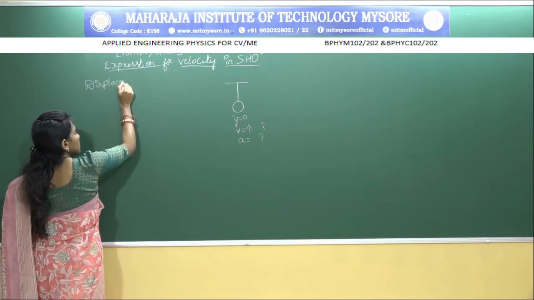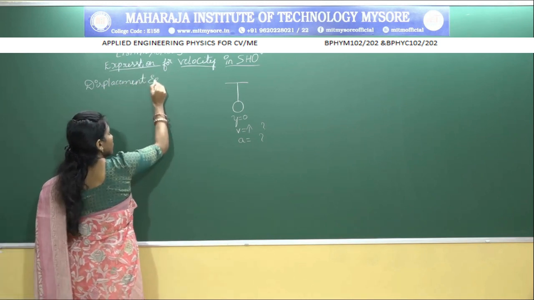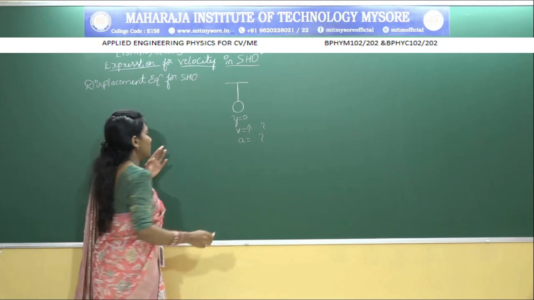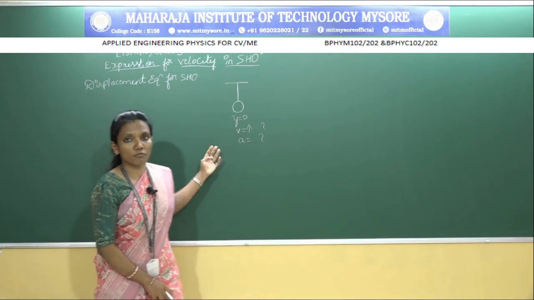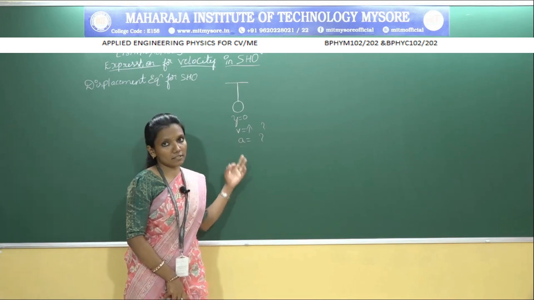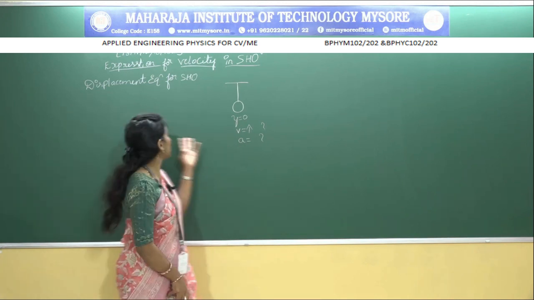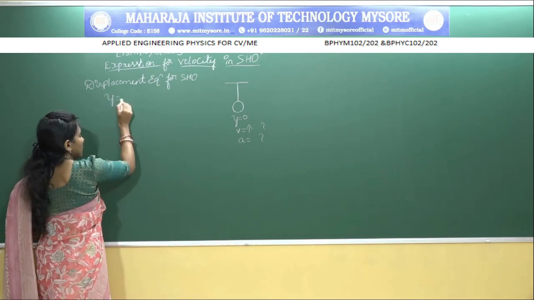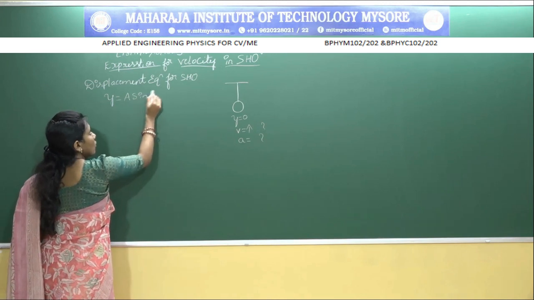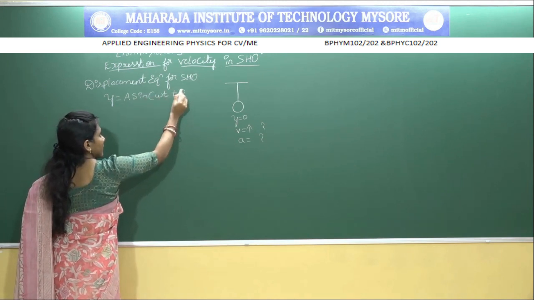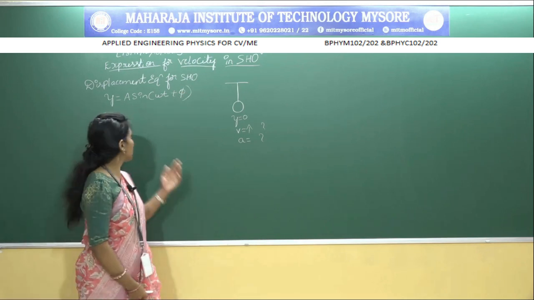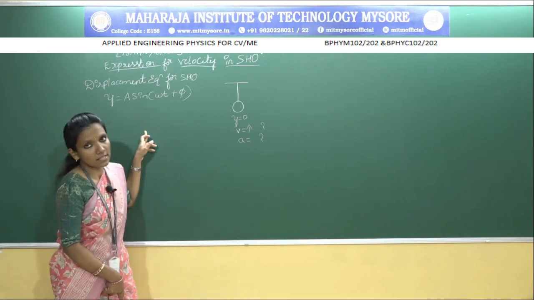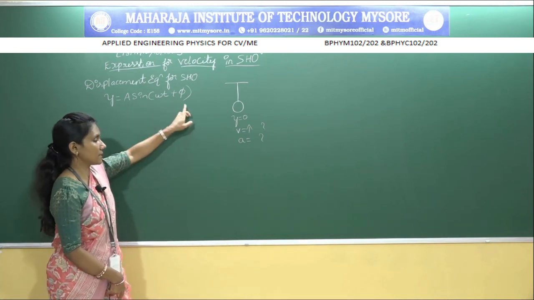We already derived the differential equation and its solution. So, the displacement equation for the simple harmonic oscillator is y equal to A sin of omega t plus phi, where A is the amplitude. So the oscillator is oscillating with this displacement.